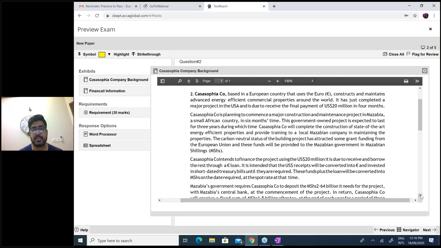Casa Sofia, based in a European country that uses euro, constructs and maintains advanced energy efficient commercial properties around the world. It has just completed a major project in USA and is due to receive the final payment of US $20 million in 4 months.